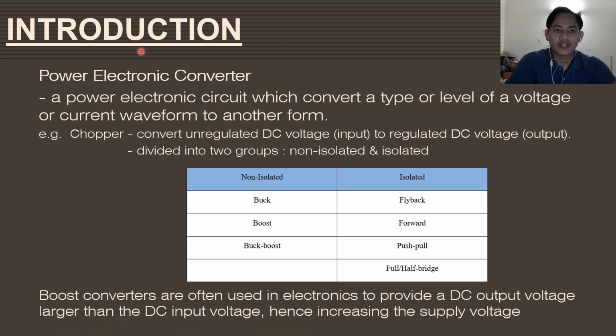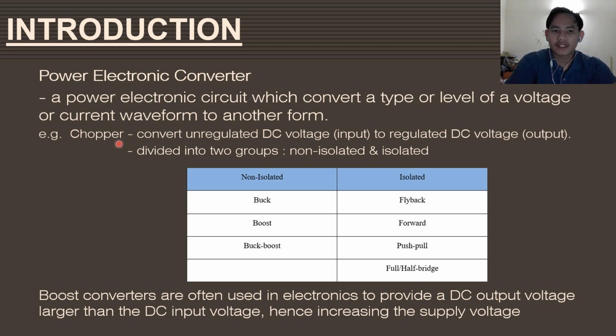First of all, I will introduce what a power electronic converter is. A power electronic converter is a power electronic circuit which converts a type or level of a voltage or current waveform to another form.